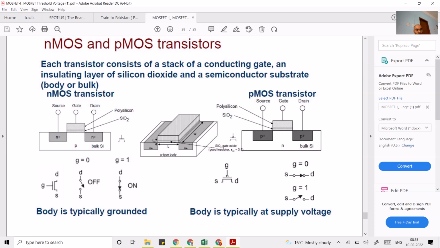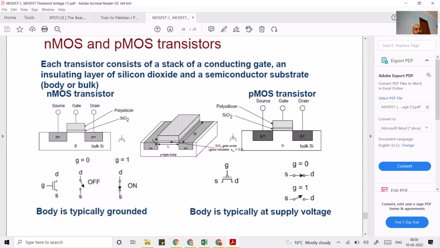In the circuits wherever this NMOS is used, you assume it as a switch. NMOS and PMOS both will be assumed as a switch. For simplicity you can assume them as a switch, and the switch will become on and off. And this on and off will be controlled by this gate voltage only.